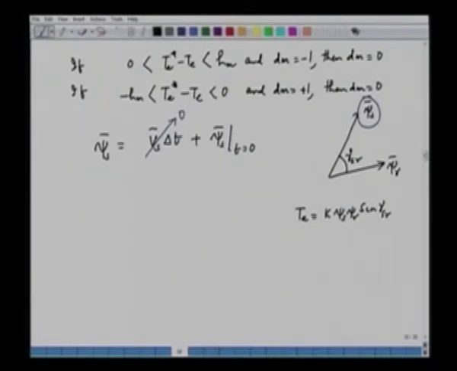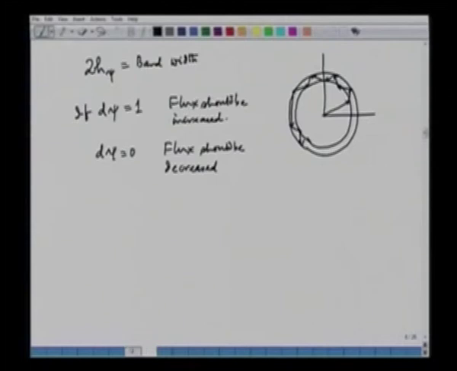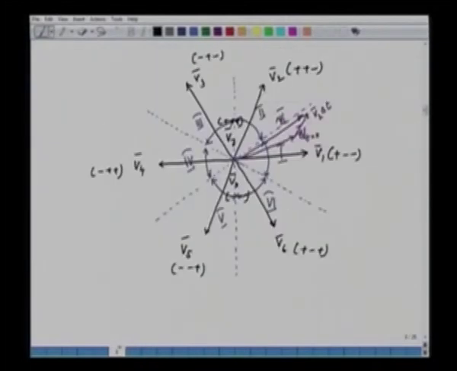Now what we have here is the following. We know the flux status, we know the torque status, and in addition to the flux status and the torque status, we should know the sector information. It means we should know in which sector the flux is remaining, because we know that there are 6 possible sectors: sector 1, sector 2, 3, 4, 5 and 6.